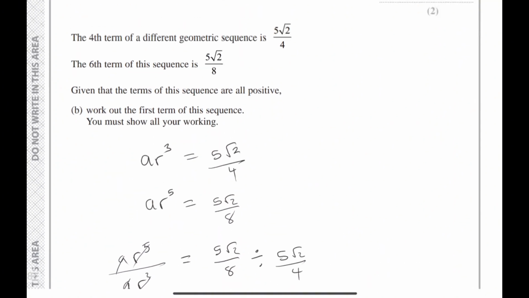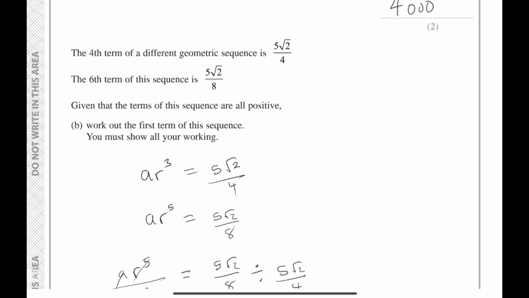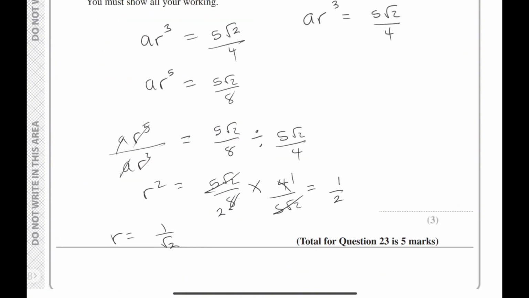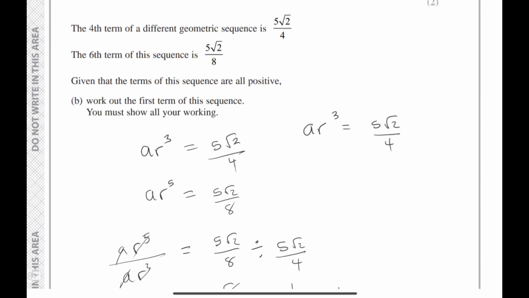So if that is our common ratio, what will be the first term? The first term, as we can see, ar cubed is equal to 5 root 2 over 4, and as we know, r is 1 over root 2. So a multiplied by 1 all over root 2 cubed is going to be equal to 5 root 2 over 4.